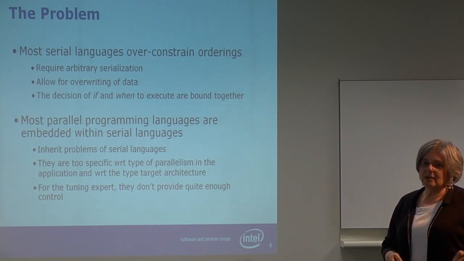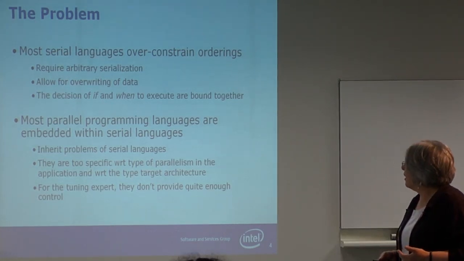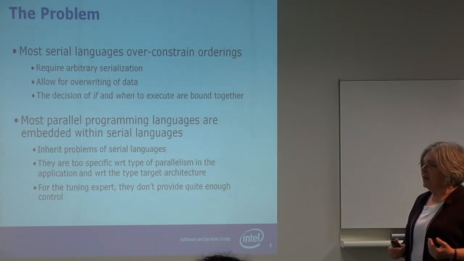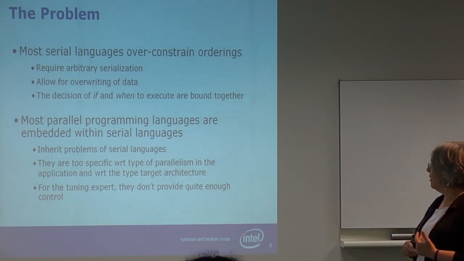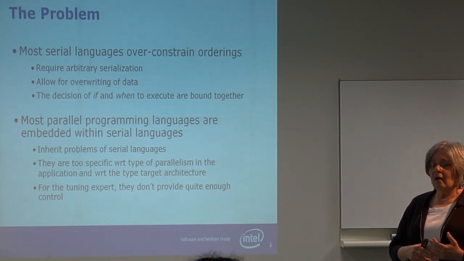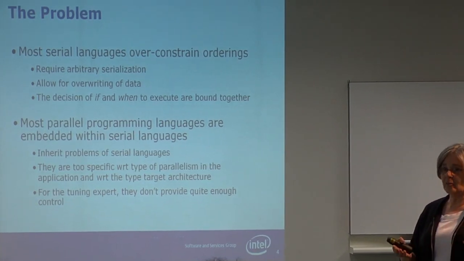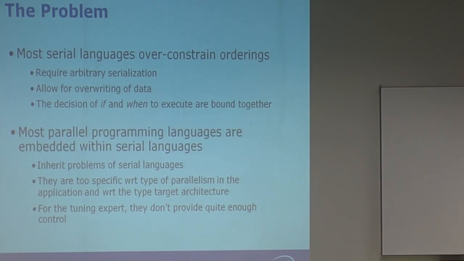So most parallel languages are embedded within these serial languages. So they inherit all the problems of the serial languages. And then in addition, they are also over-constrained in a couple of ways. One is that they're too specific with respect to the type of parallelism. Maybe data parallelism is what they do, or fork-join parallelism is what they do.